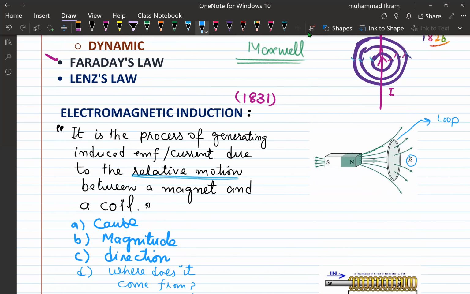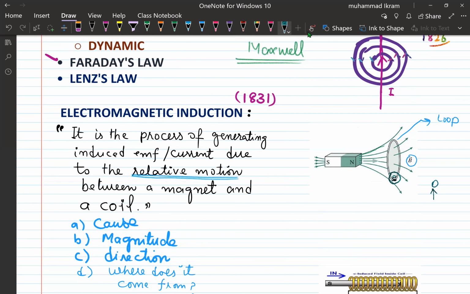Now, when I break the path of the loop and connect the galvanometer in the circuit here, look, here is the galvanometer. I connected the galvanometer right in the beginning. When the magnet is stationary and the coil is stationary, the galvanometer needle indicates 0, showing that there is no current.